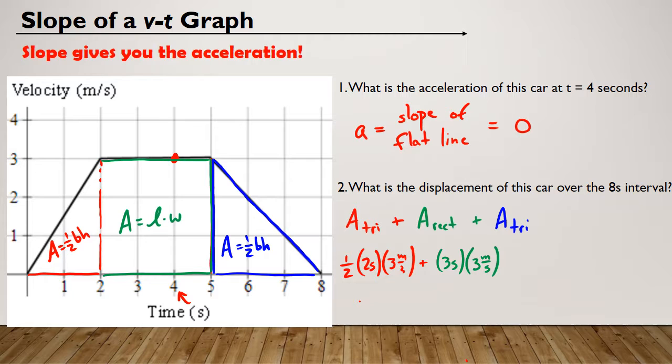And then the area of that other triangle is 1/2, base of 3 seconds, height of 3 meters per second. And so my overall displacement, after I just add up all those little areas, ends up being 16.5 meters.